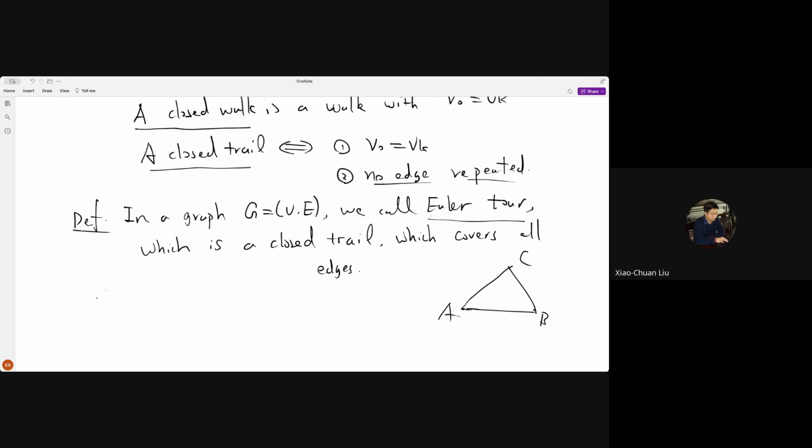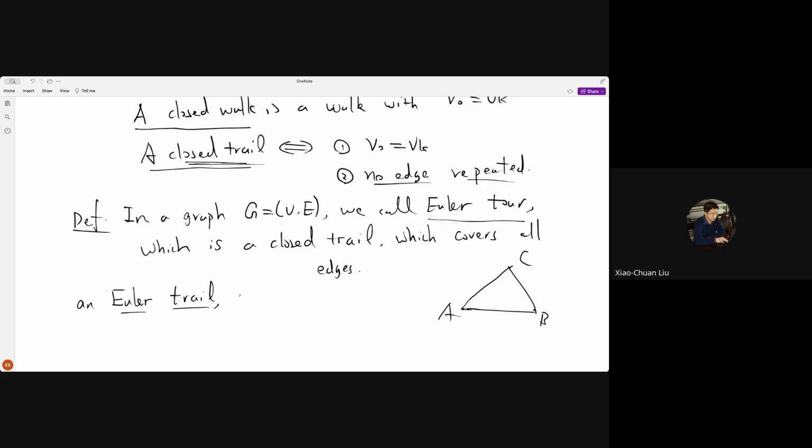And similarly, an Euler trail. Be careful, here it is not a closed trail, okay? So you are allowed to start and end in two different vertices.